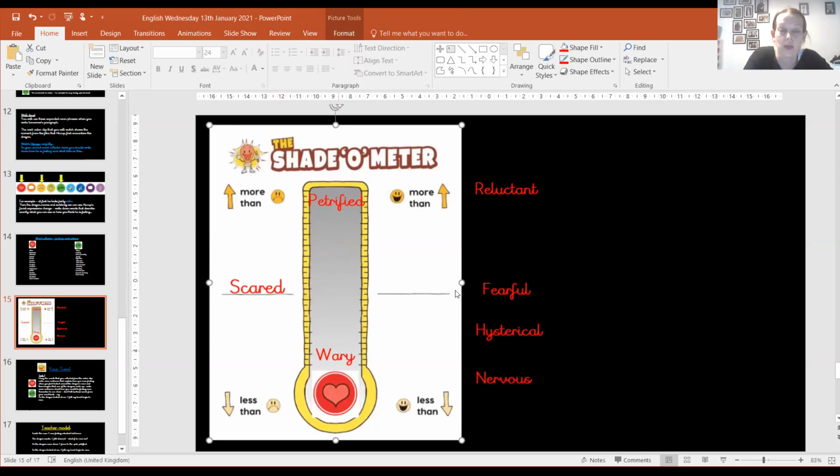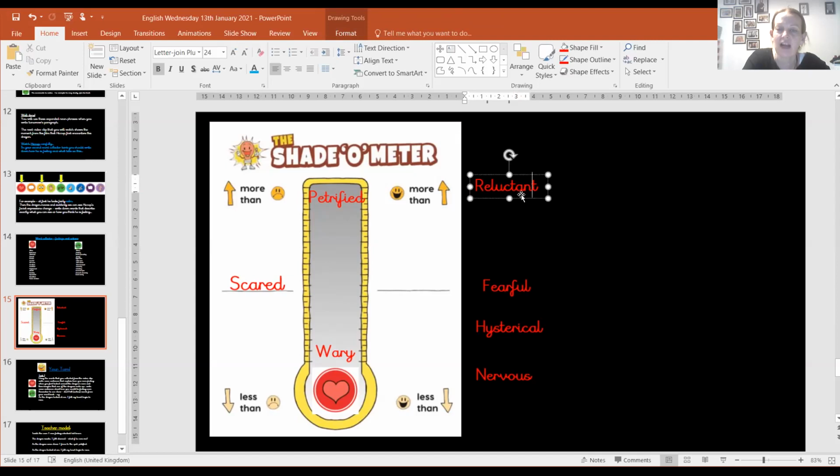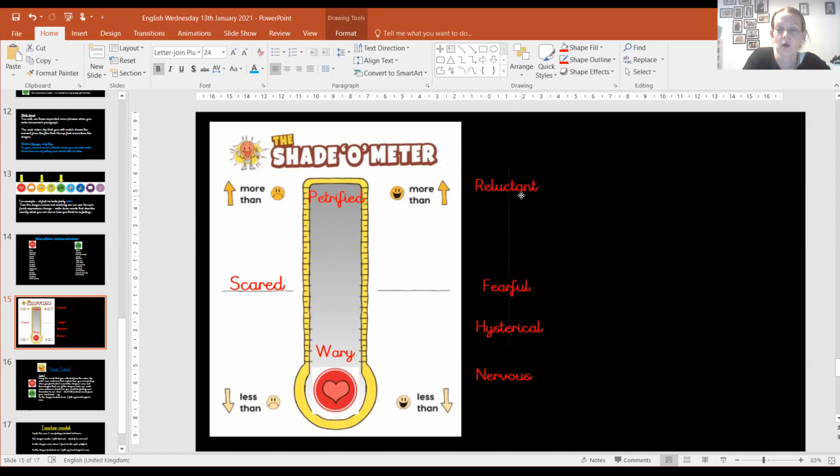This is how we make sure our vocabulary is precise. And reluctant. Reluctant is not quite scared either. It's slightly nervous. It might build up to being scared, but it's not quite scared yet. So I'm going to put reluctant down here with wary. So you might want to choose one of these words at the beginning of your paragraph.